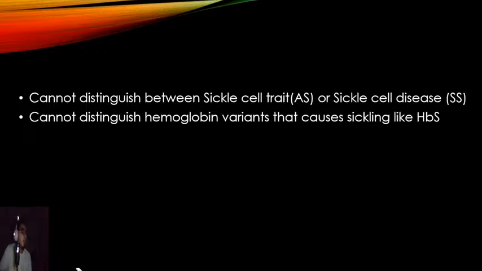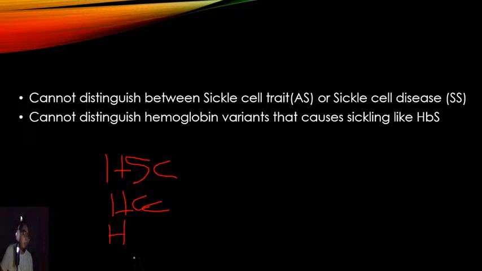So, what do you mean by hemoglobin variants of HbS? There are several variants, of course. Don't forget, this is just a review. Hemoglobin SC, hemoglobin CC, and hemoglobin Bart's. What's Bart's hemoglobin, by the way? It's hemoglobin HbH.